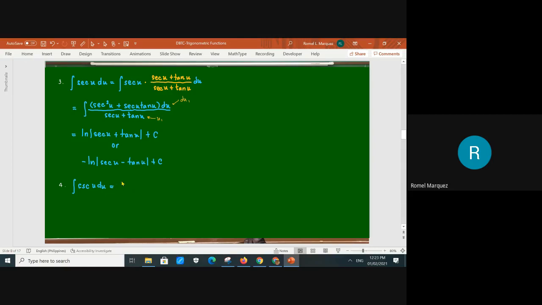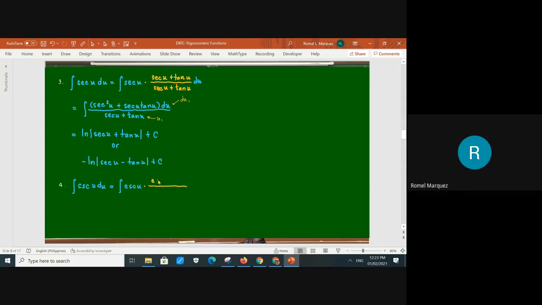What about cosecant u? We multiply by what? So cosecant u times what is our multiplier? Try po. Cosecant u plus cotangent u over cosecant u plus cotangent u.